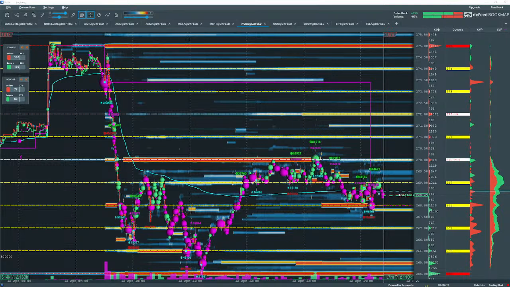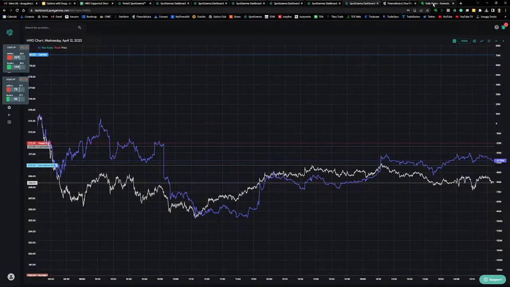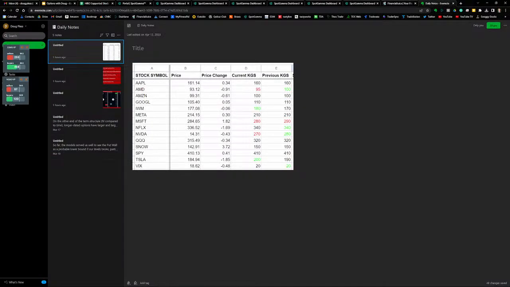Let's go take a look at my key gamma strike list again. And note the drop in the key gamma strike for NVIDIA from 280 to 270. So indicating somewhat bearish sentiment for NVIDIA.